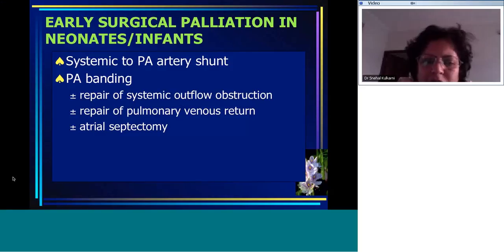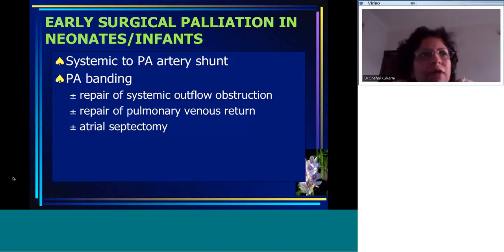In addition to pulmonary artery banding, we have to repair the systemic outflow tract obstruction. We have to repair the pulmonary venous return if there is a significant obstruction to pulmonary venous blood flow. And we may have to do atrial septectomy if you have a significantly restrictive ASD. I'll just give an example.